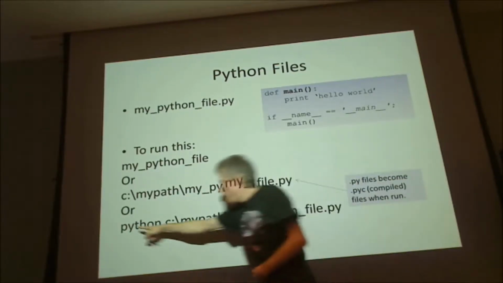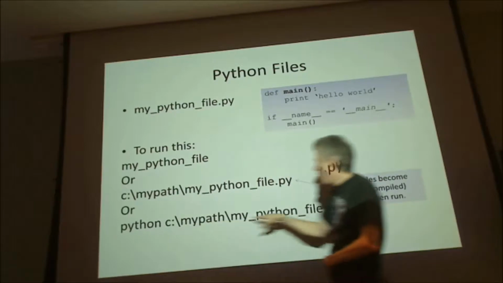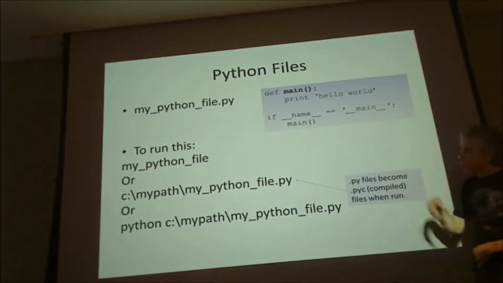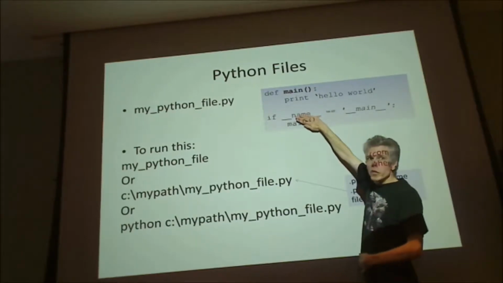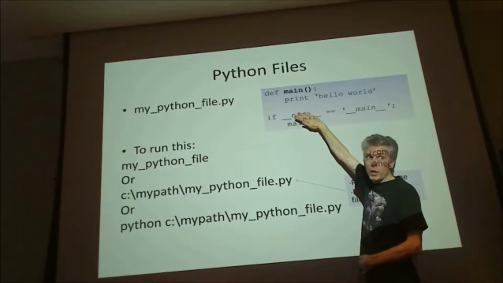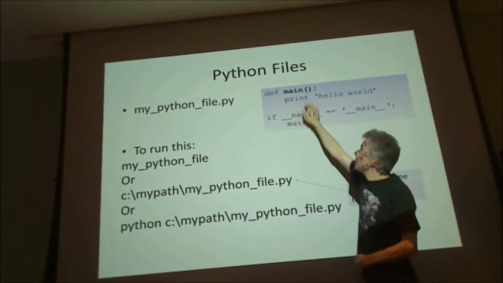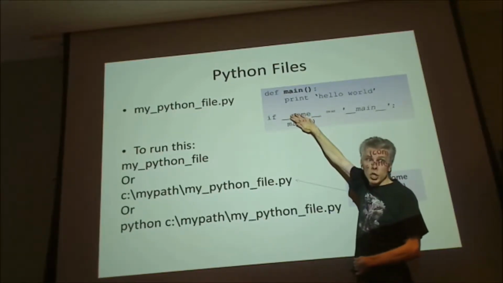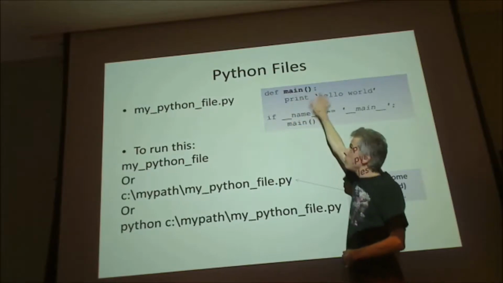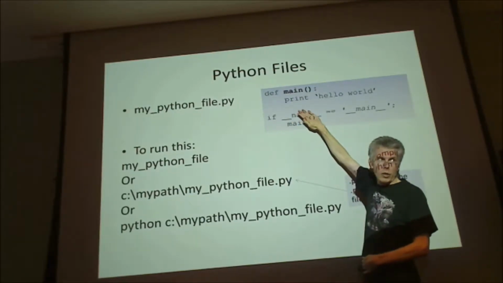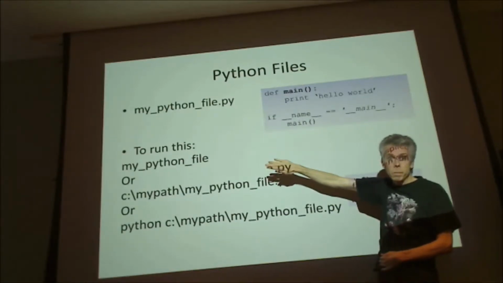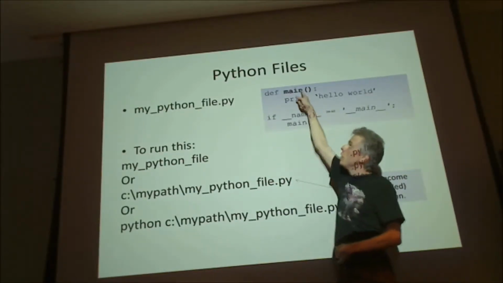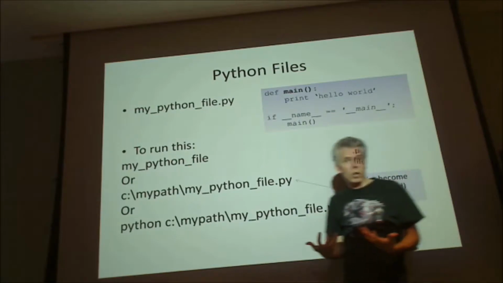Or you can also type Python space and the path of the file. All three of those will run this file. If you were to take this out and run this file, it would do nothing. It would load, but it wouldn't actually run anything, because print hello is in a function. So we have to call this function in order to get it to actually run. If you put this at the bottom of that Python file, it will execute this function when starting.